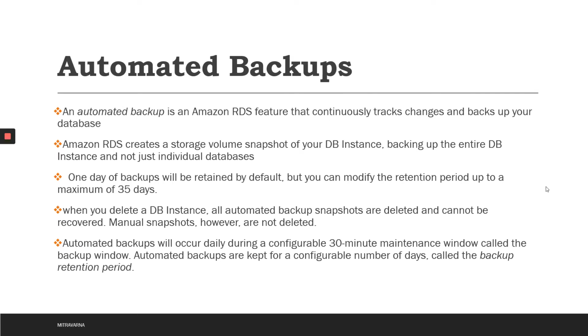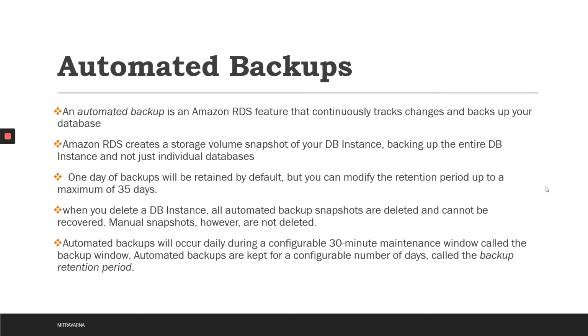Next we will talk about automated backups. Automated backup is an Amazon RDS feature that continuously tracks changes and backs up your database. Amazon RDS creates a storage volume snapshot of your DB instance, backing up the entire DB instance and not just individual databases. So these are taken automatically by AWS.